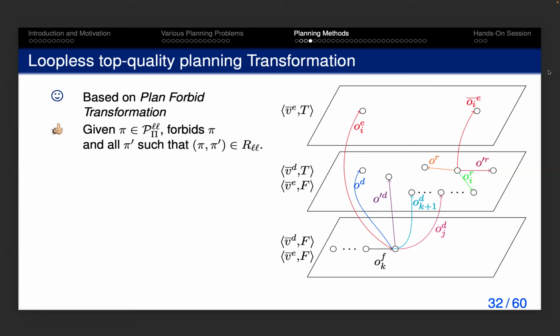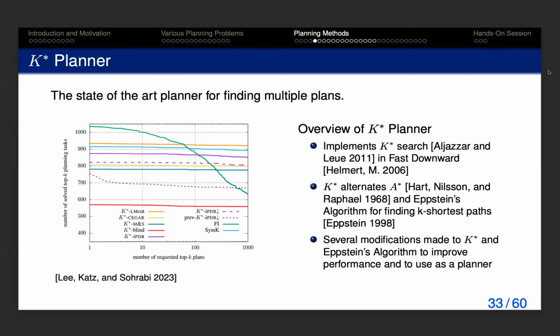In practice, it means that if your K is relatively small, and I guess we'll see some results, then forbidden iterative works great because it can reuse the latest and best cost-optimal planners. But if your K is large, one might want to use different approaches, and I invite Q here to tell you about the first one of those.